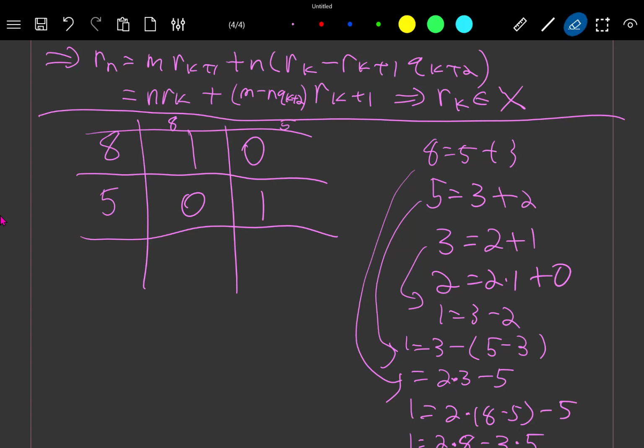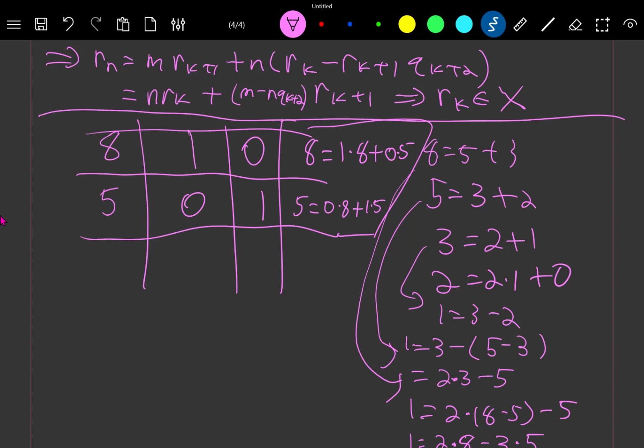So currently this first row of the table says 8 is equal to 1 times 8 plus 0 times 5. And this says 5 is equal to 0 times 8 plus 1 times 5, which are very easy to see statements.